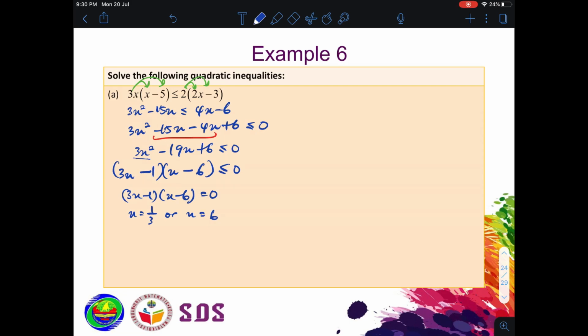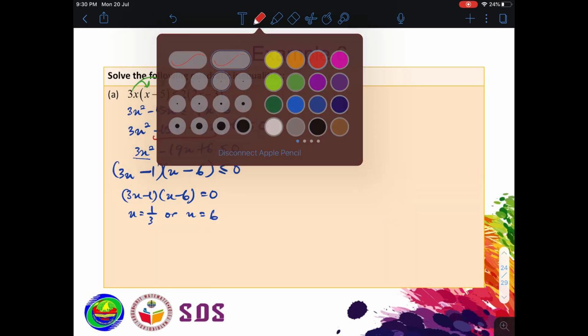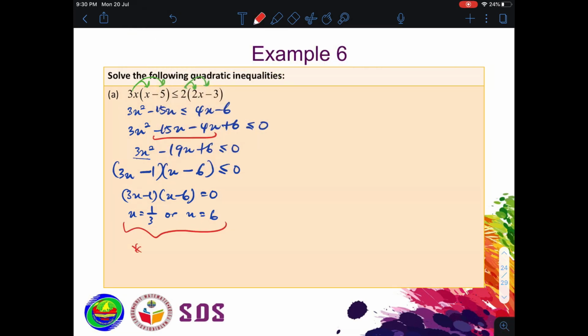So these two values of x are very important, and it's very important to put them in the table of sign. I'm going to highlight these two values of x so that you know they must be inside the table of sign.